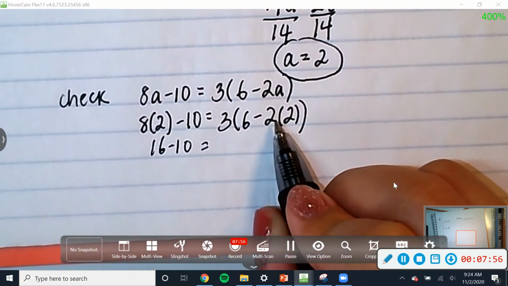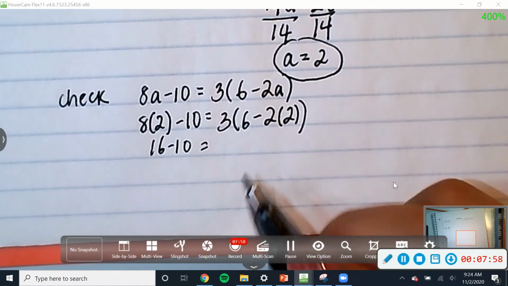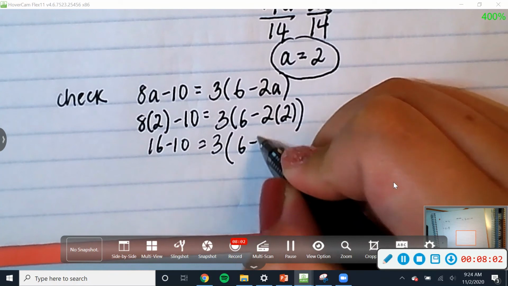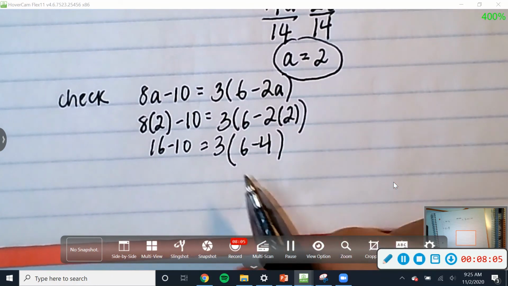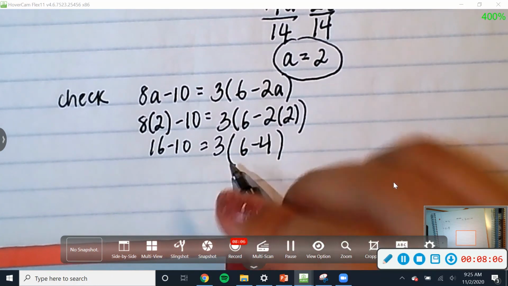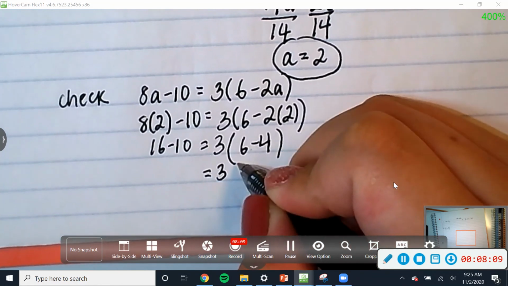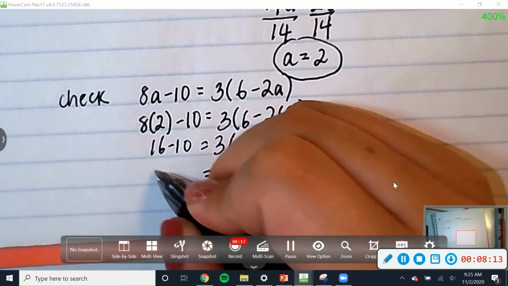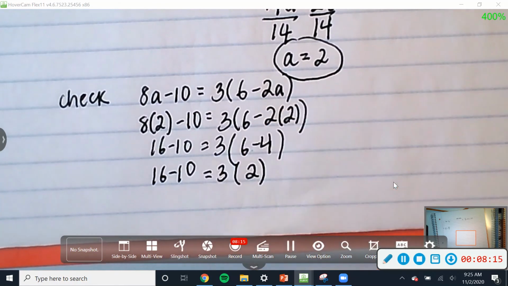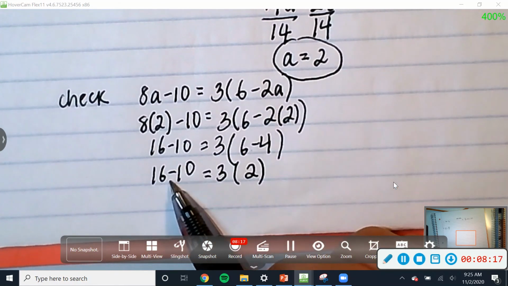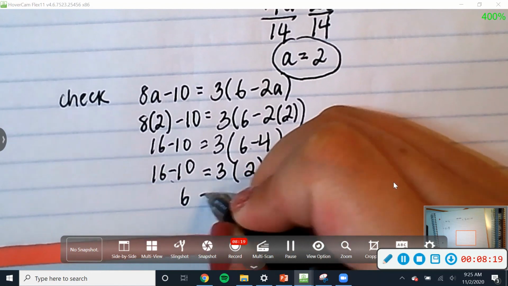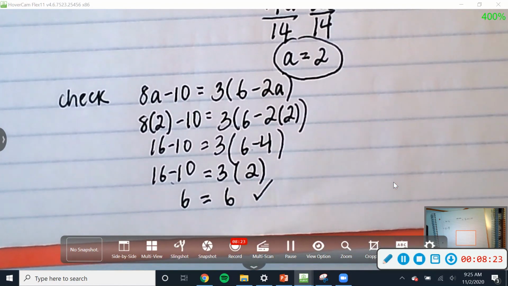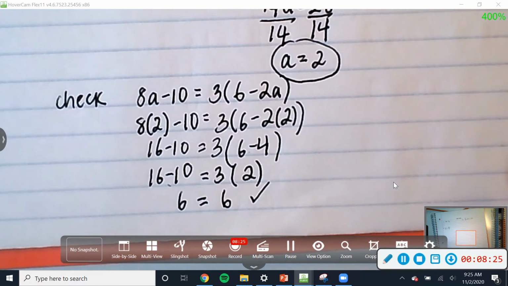On this side I have parentheses, so I want to do inside the parentheses first. So inside the parentheses I have 2 times 2, which gives us 4. And 6 minus 4, which gives us 2. And then I can just finish solving here. 16 minus 10 is positive 6. 3 times 2 is also positive 6. So this, I've just confirmed, is my correct solution.